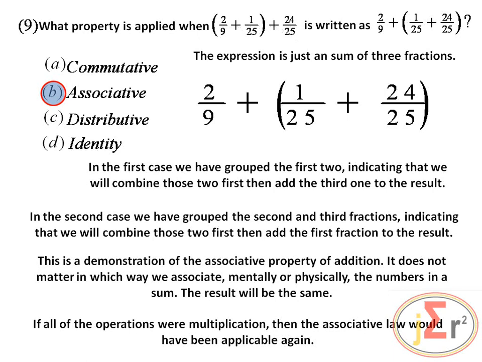So we have the associative law applicable for multiplication and also applicable for addition. And as a matter of fact, when all of the signs are addition or all of the signs are multiplication, and of course, if we have a mixture of signs, then we'll have a totally different ball game.